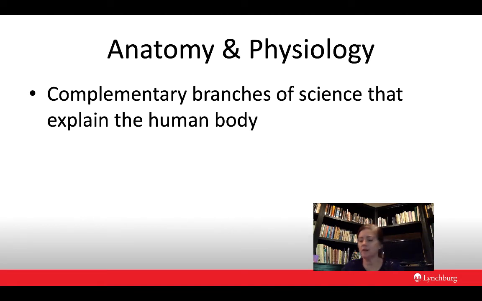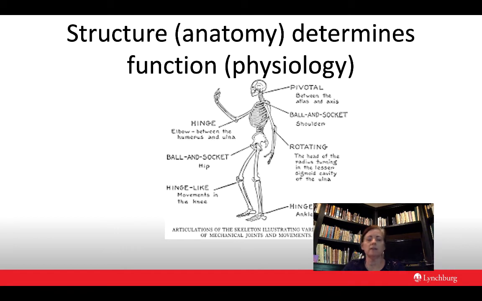So anatomy and physiology are complementary branches of science that help to explain the structure and the function of the human body. When we look at structure, we look at the actual physical anatomy of the body, whether it's the skeletal system.